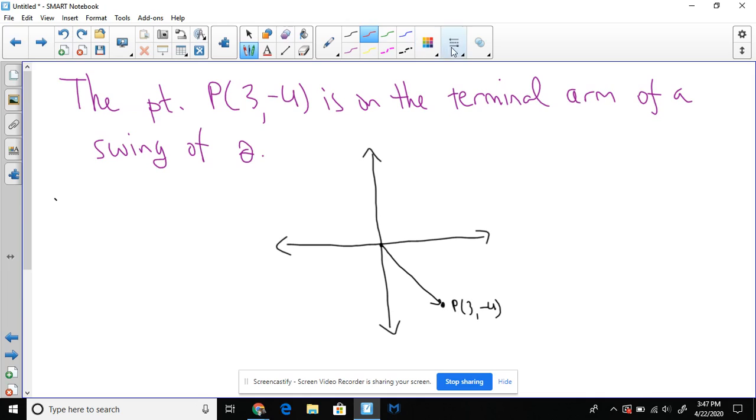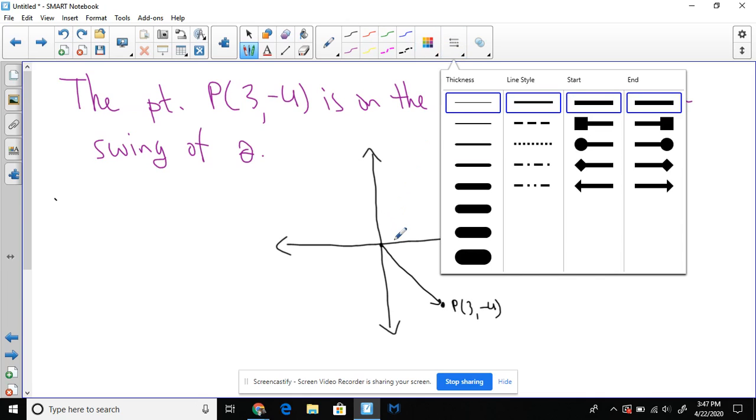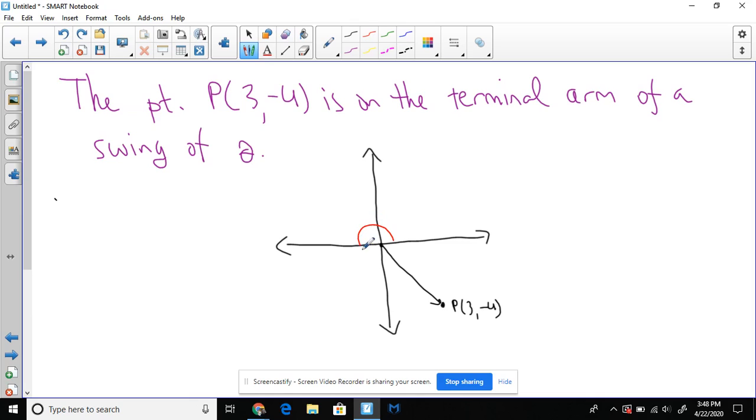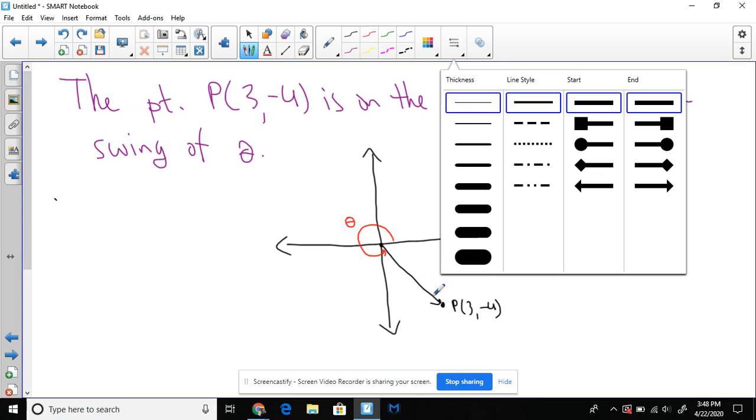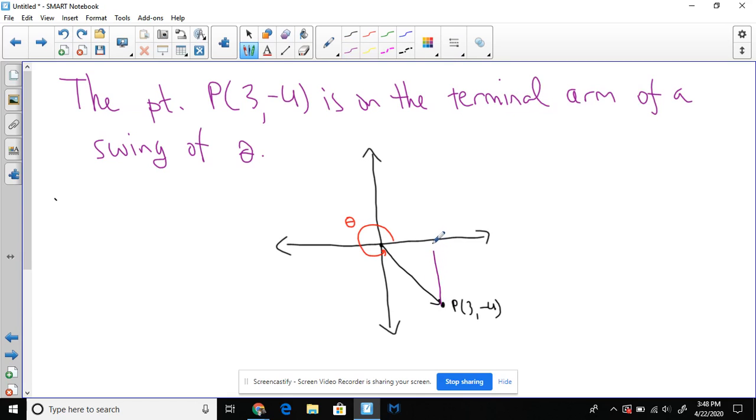So that means that the theta we're looking for is this swing, okay? Now again, same deal. Hopefully this is all repetitive. I'm going to drop myself a perpendicular onto the x-axis. Now again, this is going to be minus 4, and this is 3.